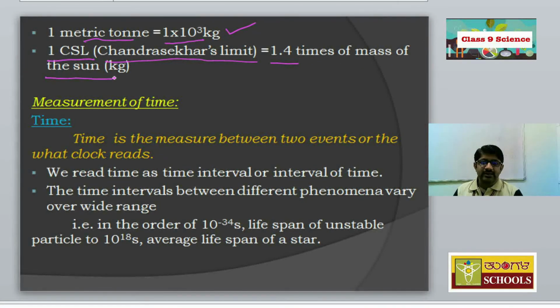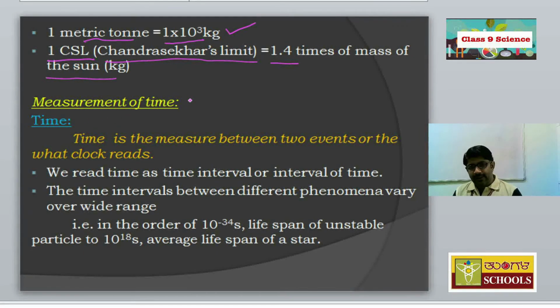Any object which is equal to or more than 1.4 times the solar mass is taken as 1 CSL, 1 Chandrasekhar's limit. This is the unit named after the Indo-American scientist Subrahmanyan Chandrasekhar.